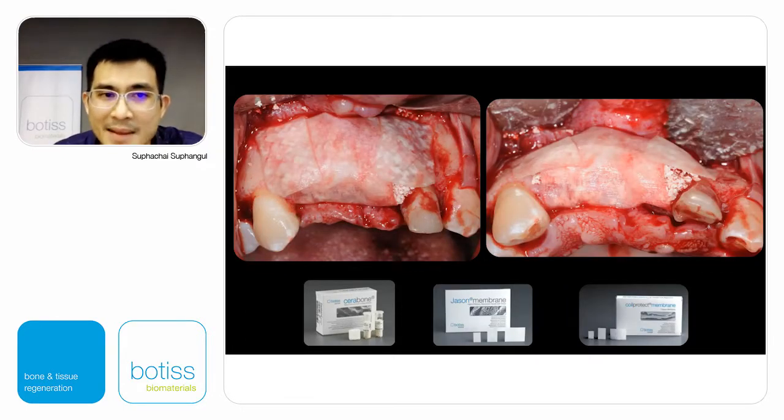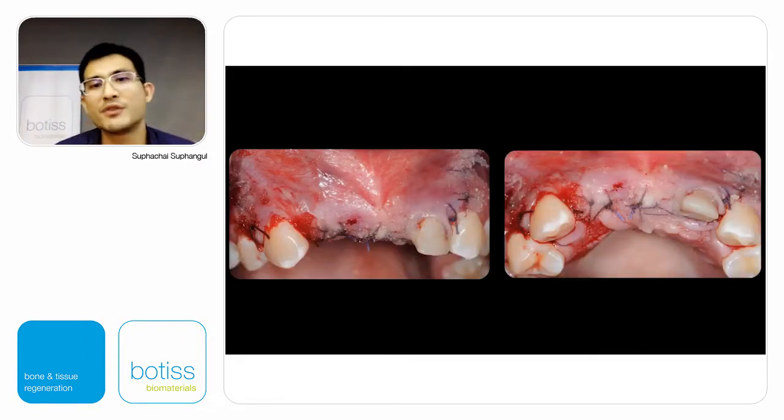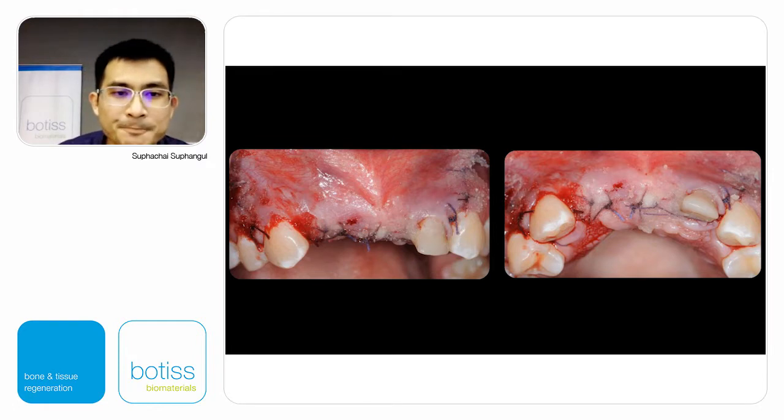Then there is some defect left, so I use Cor Protect, because in this area we don't need a barrier effect, more like in the middle. That's why I use the Jason membrane in the middle and Cor Protect on both sides. After that, I do the tension-free closure.